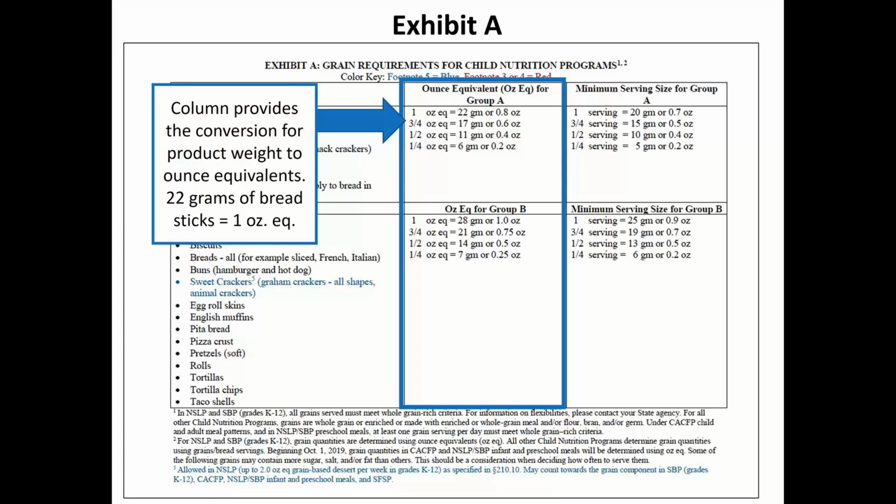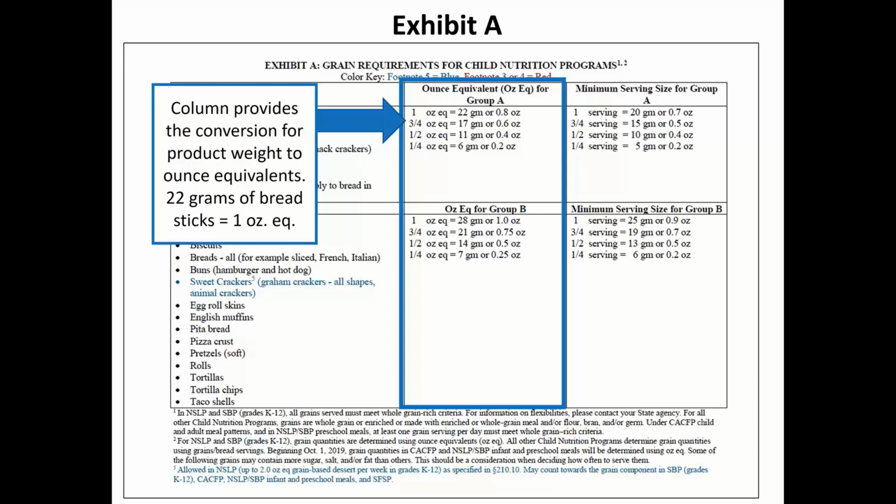If you look at all of the ingredients in Group A, and you can probably download that under your handouts tab and take a look at it there, you can see that they are all very similar products with similar ingredients. So there's not too much water added in there, and there's not too much other non-grain ingredients added.